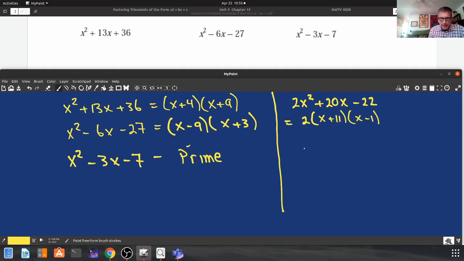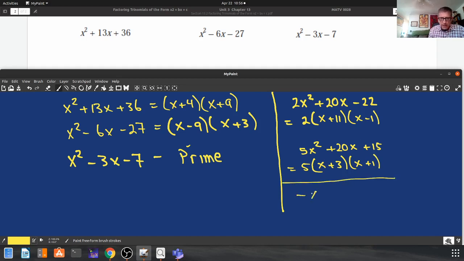And then we have 5x squared plus 20x plus 15. So the GCF there is 5, and it factors to x plus 3 times x plus 1.